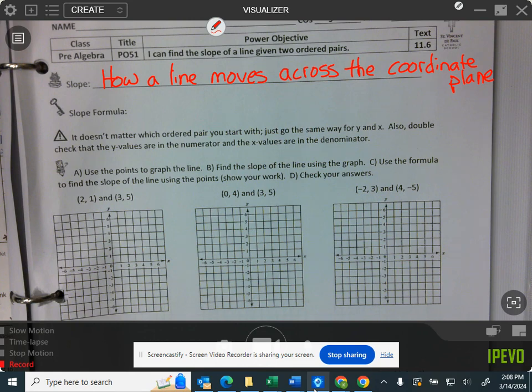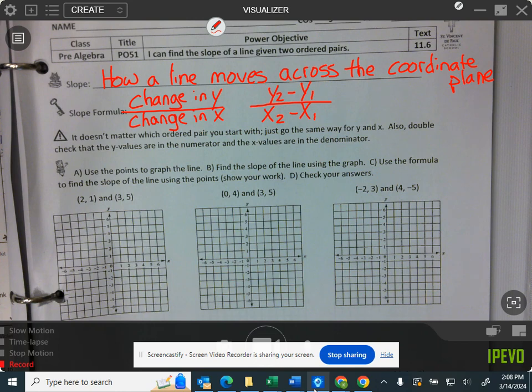So today we're going to add in the slope formula, which goes along with it. So we know that there was the change in y over the change in x, which is what we talked about in the last objective. So today we're going to add the formula for that, which would be y2 minus y1 over x2 minus x1.